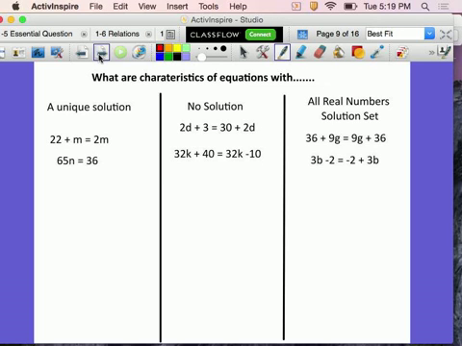All right, now that you're back, we're going to talk about the characteristics of each one, starting with no solution. Make sure you write this down in your notebook now, because these are the actual answers with the proper vocabulary. In a no solution equation, you're looking at the constants. The constants are different.